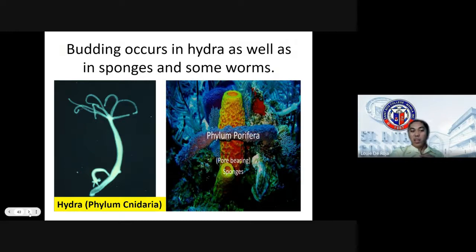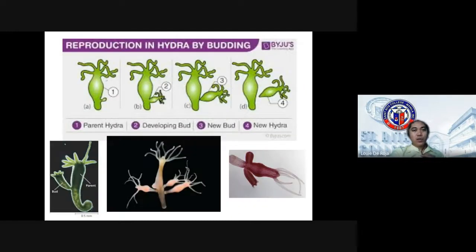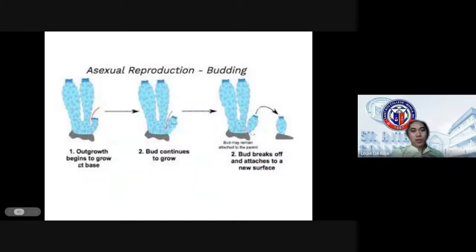Diba? Ganun lang kadali. Reproduction in Hydra, budding. Yan. So may maliit na bukol, lalaki lang siya ng lalaki hanggang maging another organism siya. Asexual reproduction in budding, yan. May umuusbong lang dyan at lalaki siya ng lalaki at hihiwalay na siya dun sa parent.